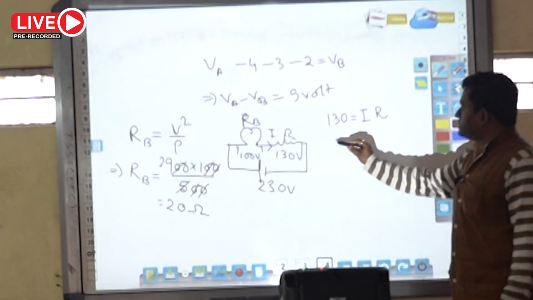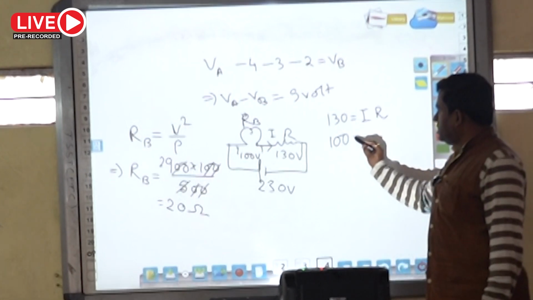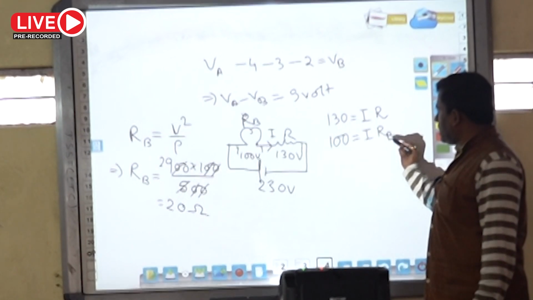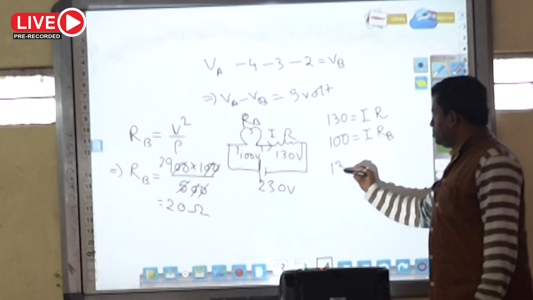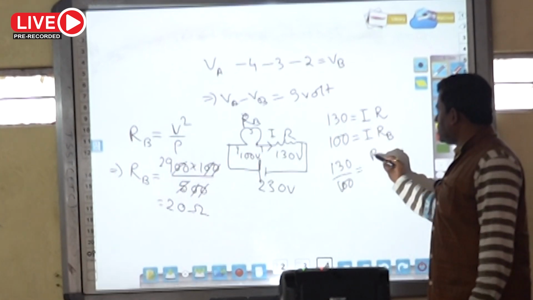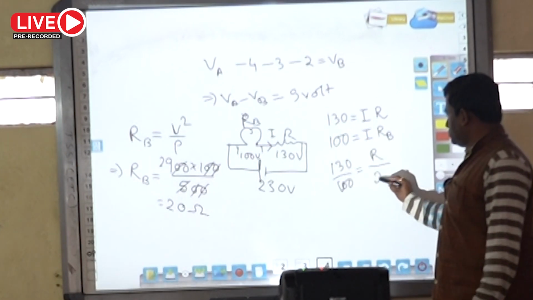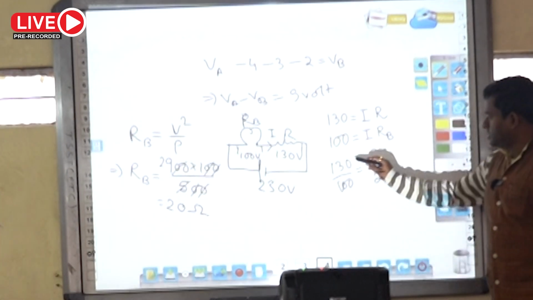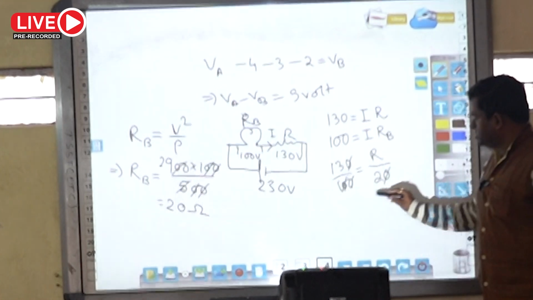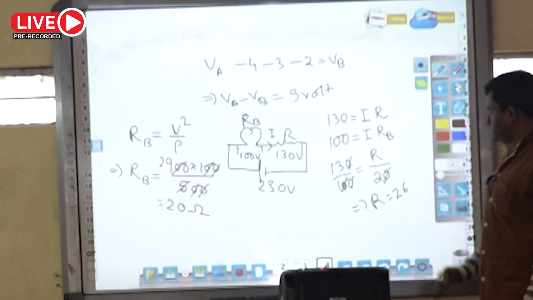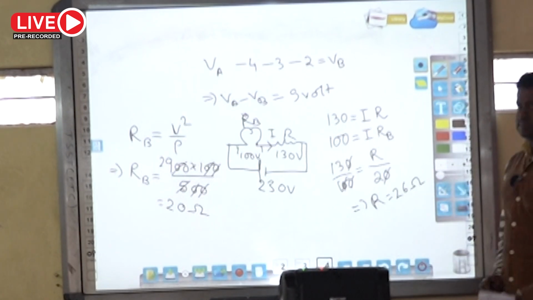Similarly, voltage across the bulb equals current through the bulb into resistance of the bulb. Then divide these two. 130 by 100 equal to R by RB. RB is already found, 20. Calculate. So R equal to 26 ohm.